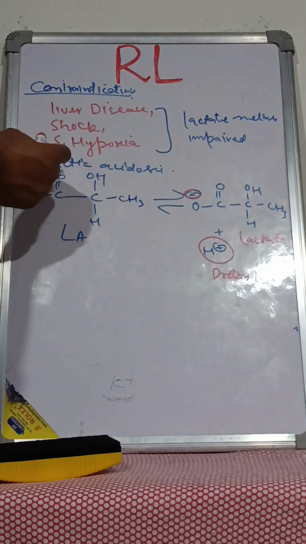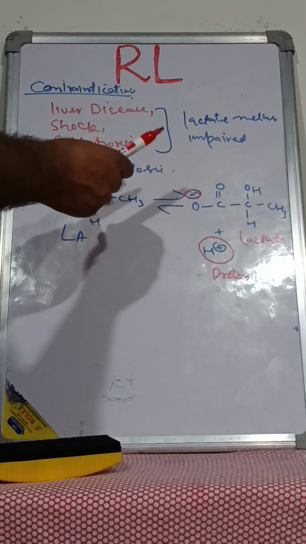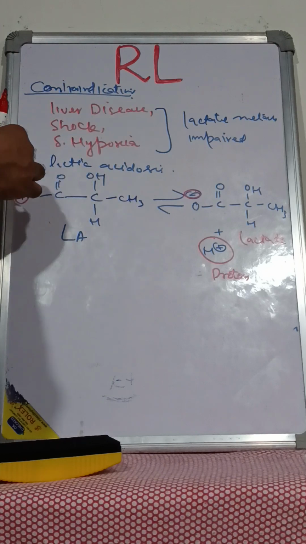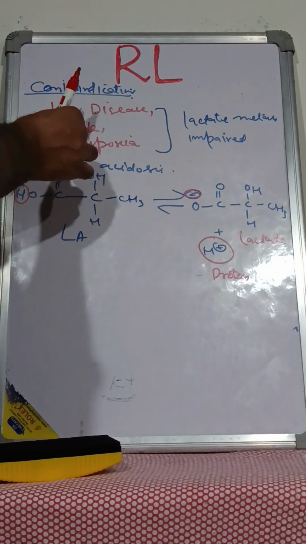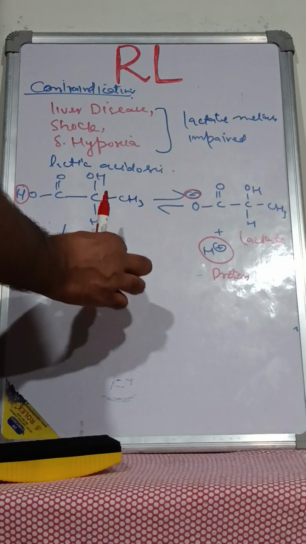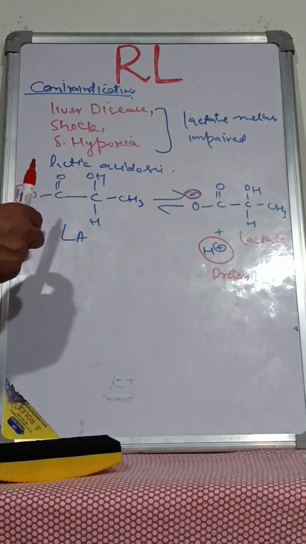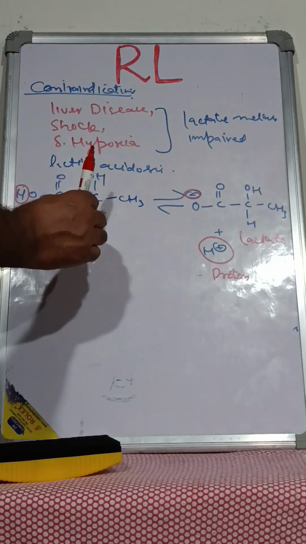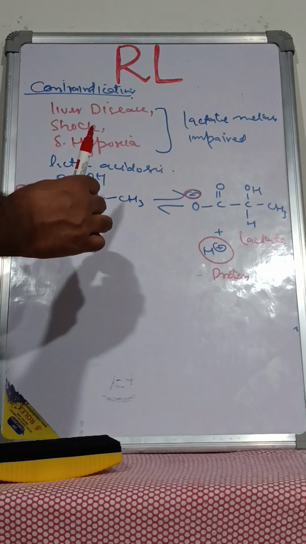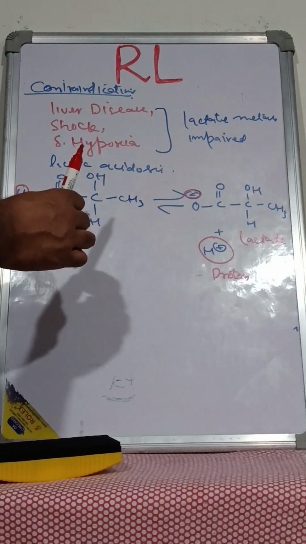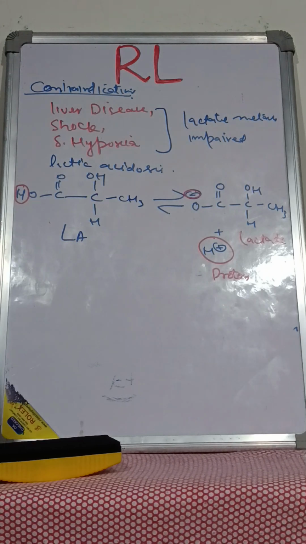In all these three states, lactate metabolism is impaired. When you supply RL, since it contains lactate, you are adding up lactate. That means the condition of lactic acidosis will exaggerate. So basically, you are exaggerating the problem.